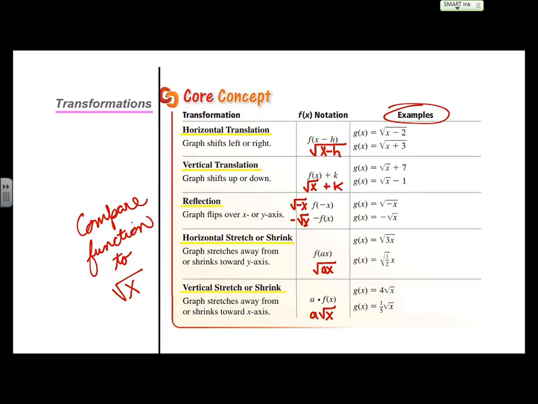I would say the very first function, which is this top one, square root of x minus 2, compares to the original in that whenever you have a minus or plus inside the radicand, there is a shift left or right. And let me show you which one's which. I said this the other day and you guys got really confused, so maybe you forget it from what you learned earlier this year.